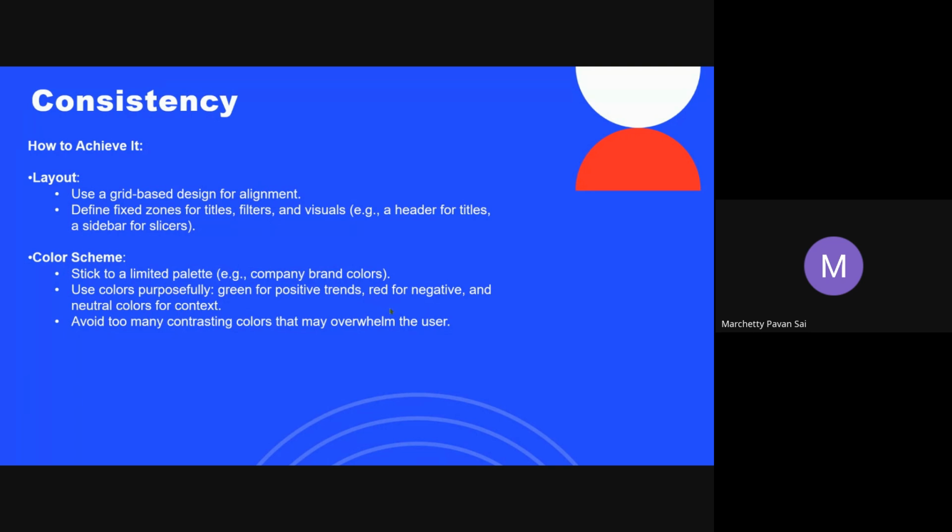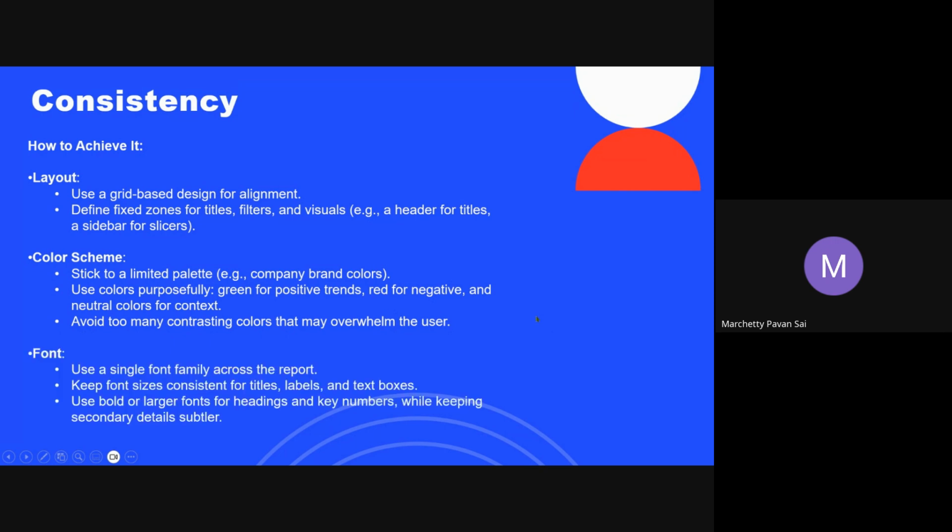So you must discuss with your manager what color palettes the company uses for PPTs or everything. You must take those and use them within our Power BI reports, right? And try to avoid too many contrasting colors, because it will overwhelm the user, right? Don't use many colors or contrasting colors all at the same time.